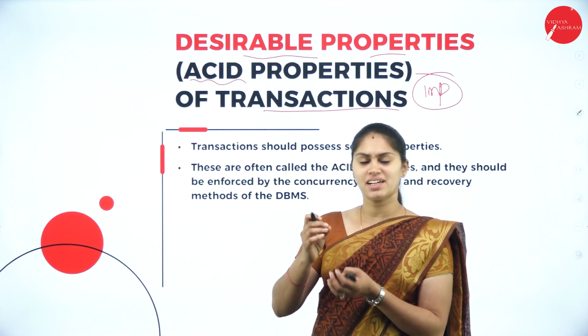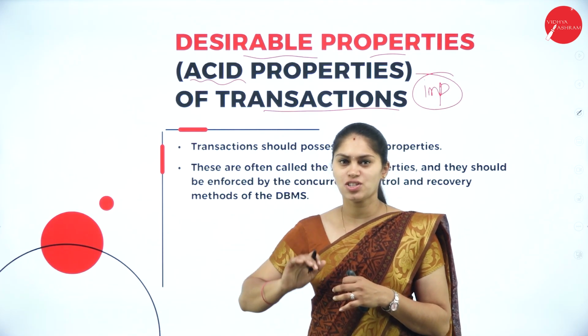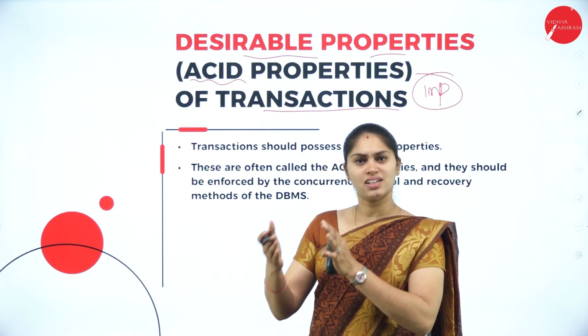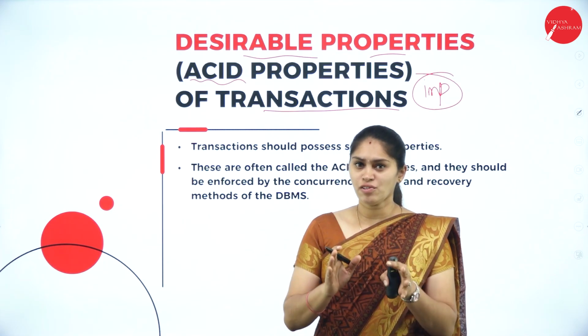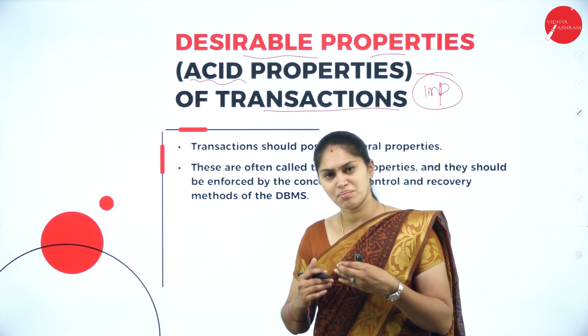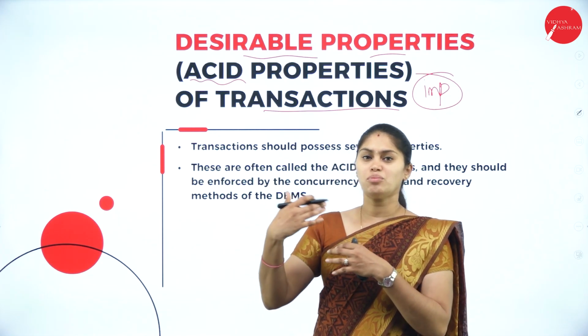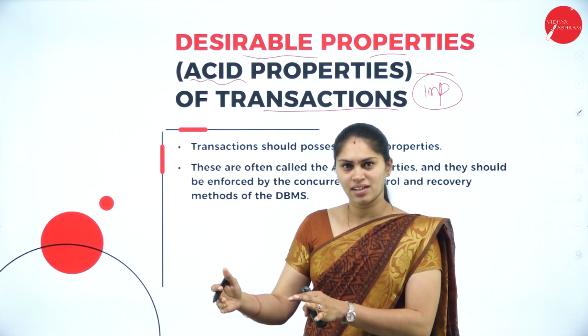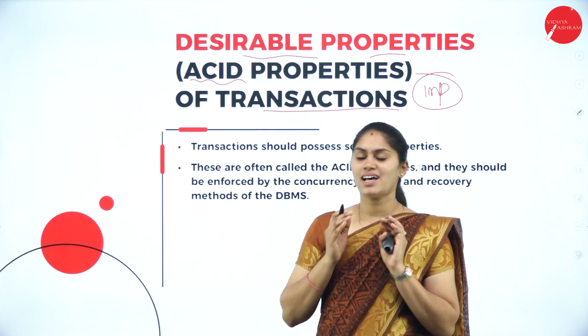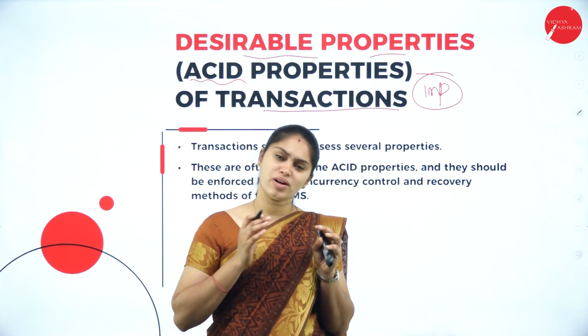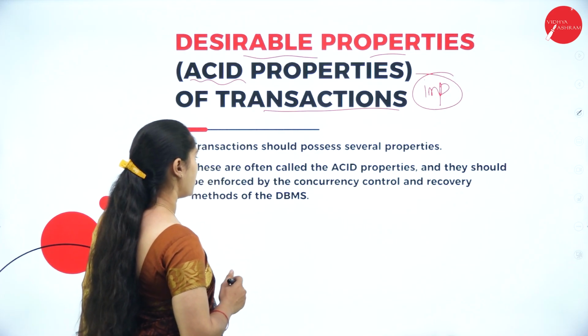The amount has to be deducted from my account and should reach the recipient account. That is a successful transaction. If not, the amount should not be deducted from my account and should not be credited to the recipient account. Then we call that a proper transaction. Every transaction has to take place like that.